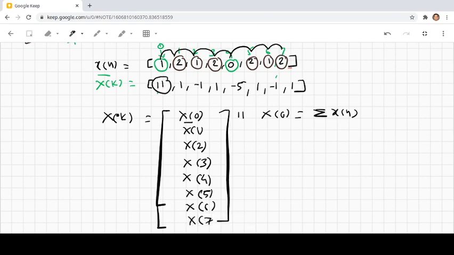by adding all samples. The middle sample, that you have to evaluate by summing first of all even numbered samples.